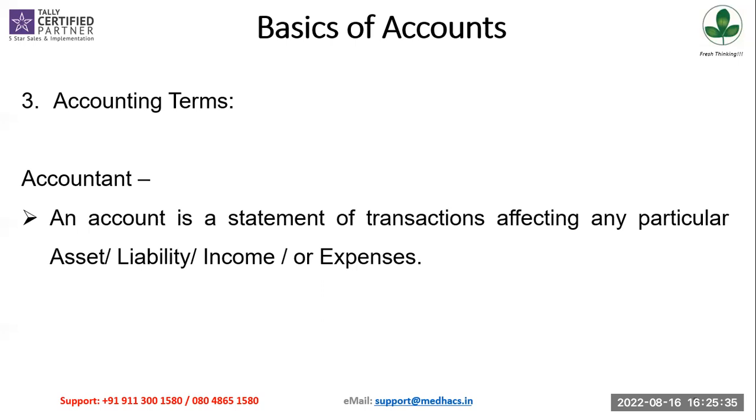Or it is a loan that I've got from an outsider or from a bank, either a secured loan or an unsecured loan. Or it might be a payment that I'm liable to make to a supplier. All these things and various others are part of my liabilities. Liabilities means what the business is liable to pay.